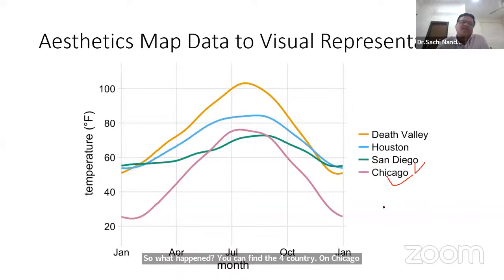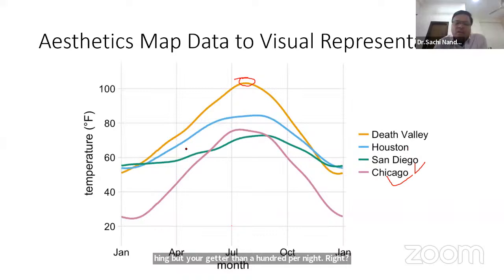So what is the interpretation of this? Anybody can tell me? The interpretation is that in the month of July, the maximum temperature at Death Valley is greater than 100 Fahrenheit, right?